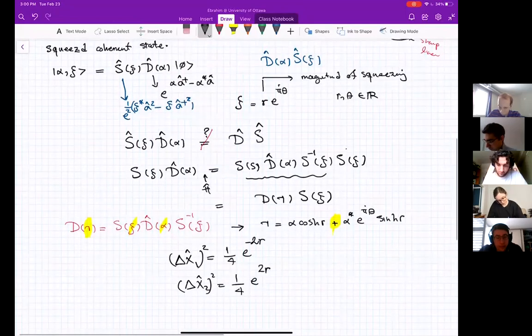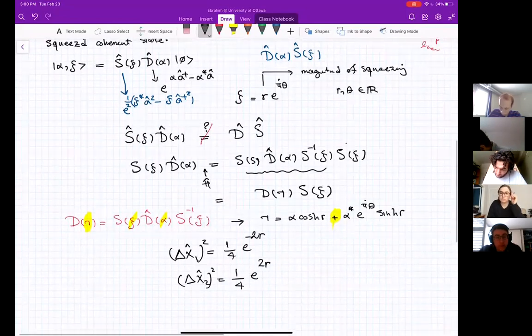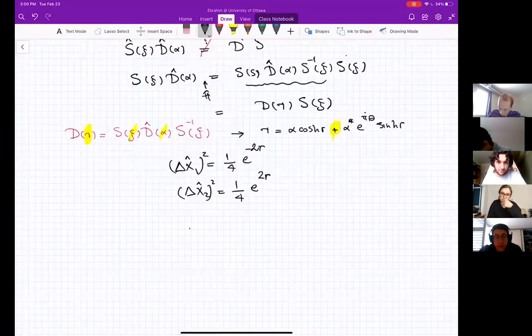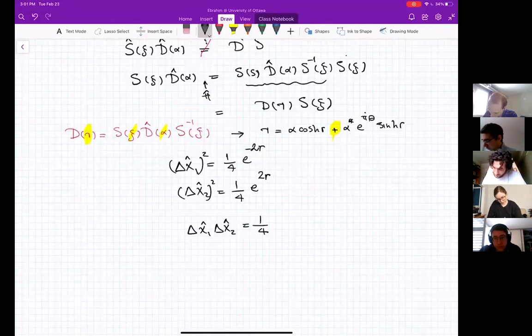All right. So if you look at the uncertainty principle, delta x1 delta x2 is given by 1 divided by 4, which is essentially the property of the vacuum state, okay?